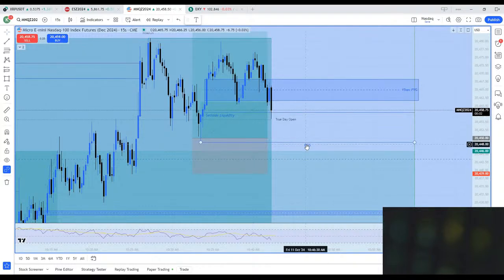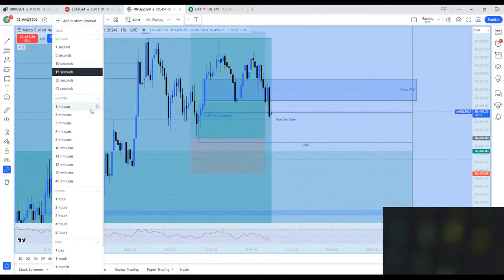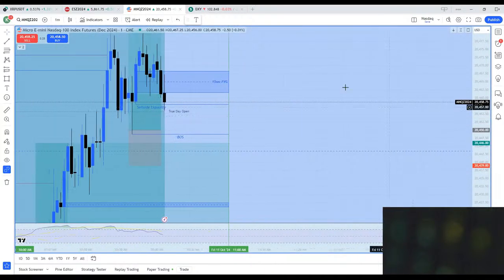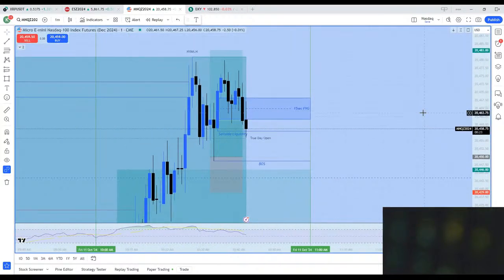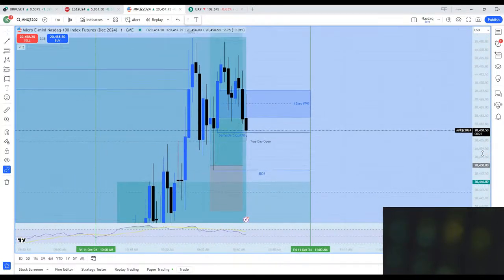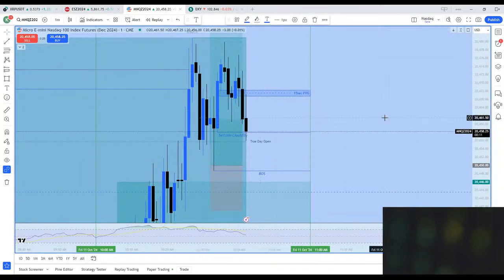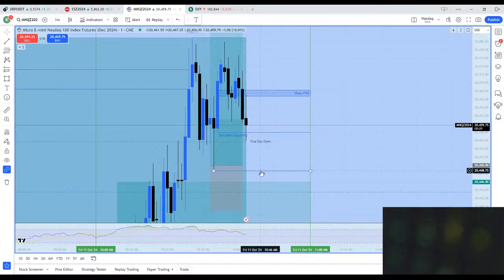So this is the one I'm looking for on the 1 minute chart to look for a sell. Grab the sell-side liquidity. So this 1 minute fair value gap is not valid, so it's gonna come for this now.